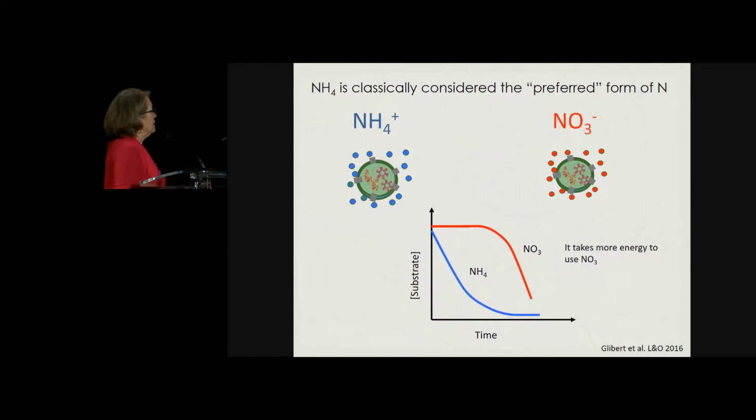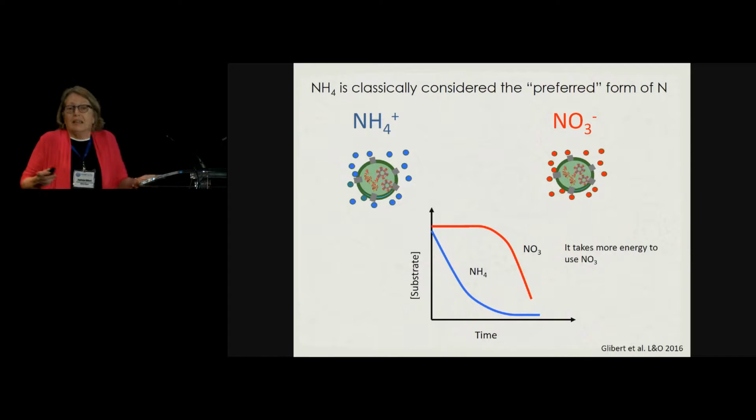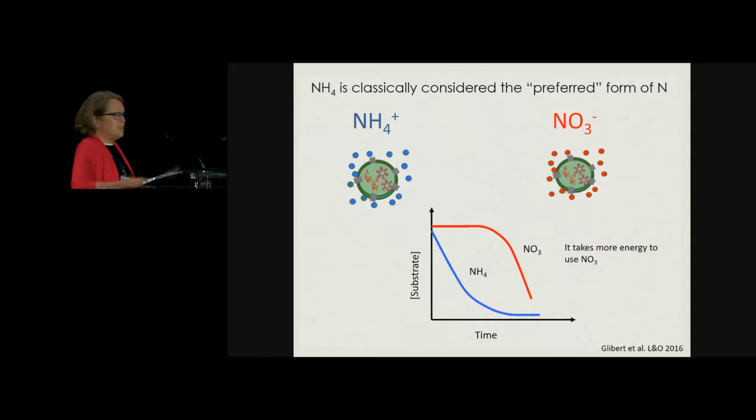It's classically considered the preferred nitrogen form also because in classic laboratory experiments, if we put equimolar concentrations of ammonium and nitrate in the culture, it draws down ammonium first, and only after ammonium is drawn down does nitrate get utilized.